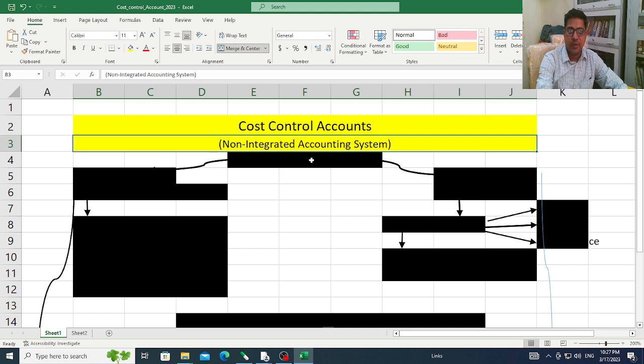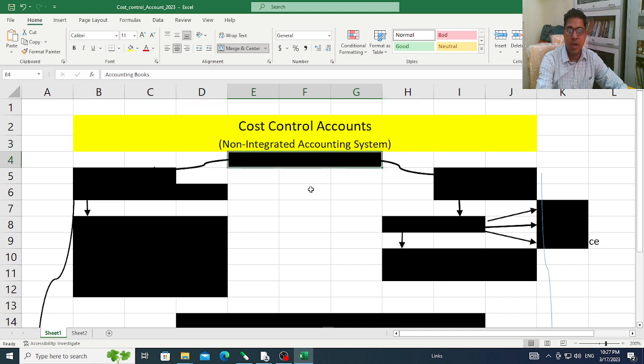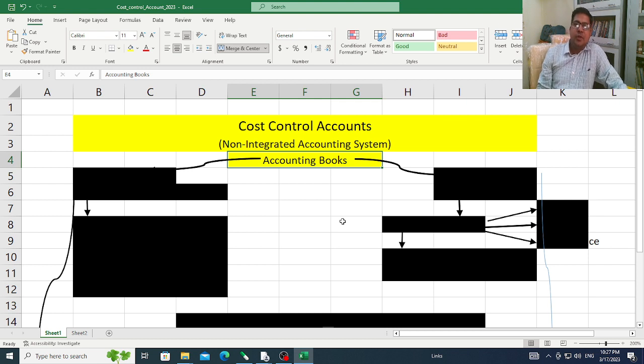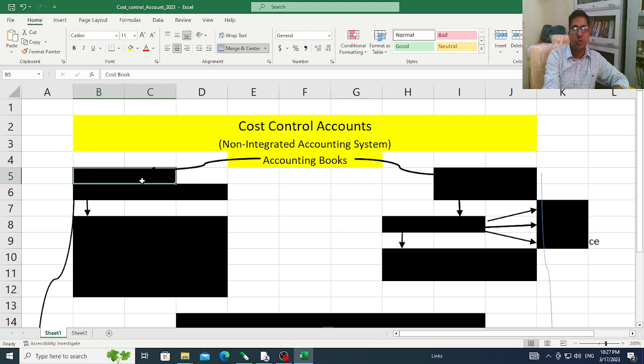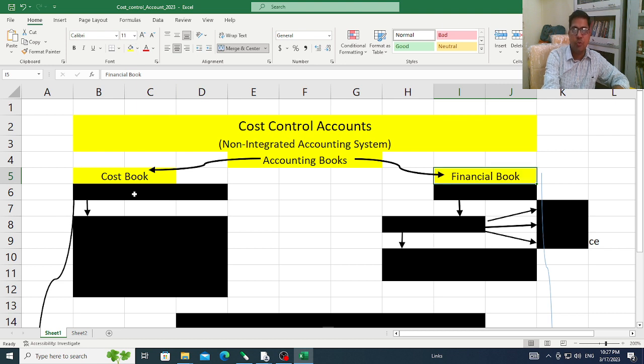Now, friends, whenever we talk about accounting books in company accounts, there are two types of accounting books: cost book and financial book.